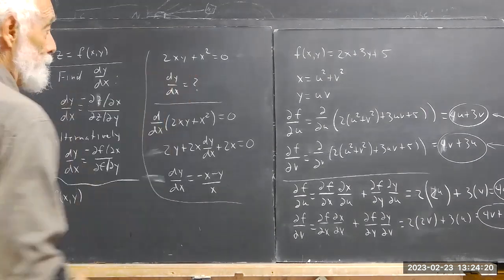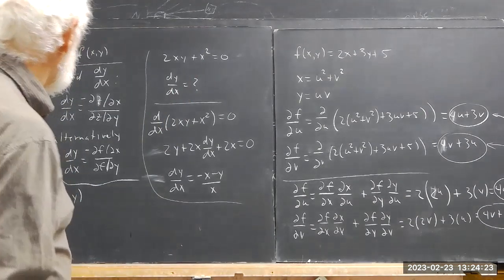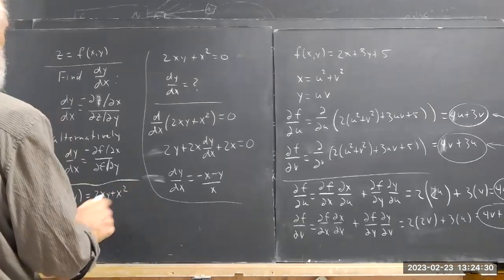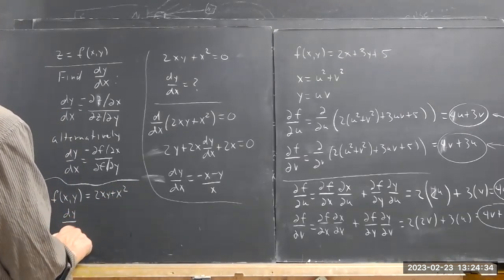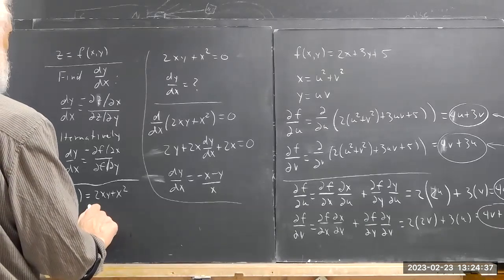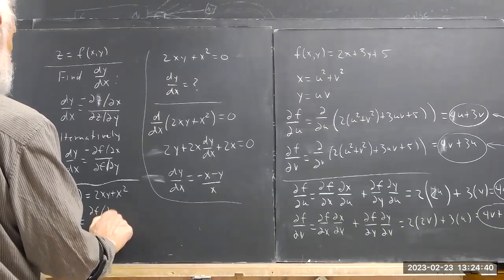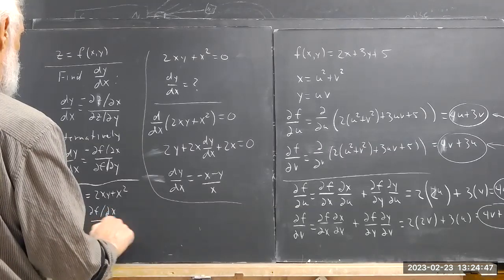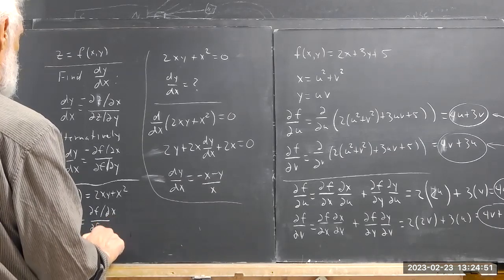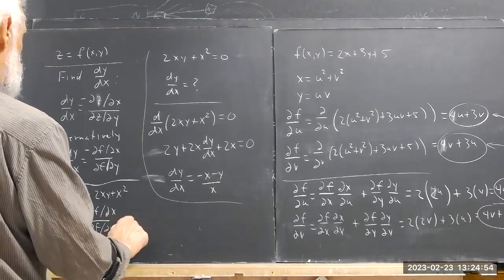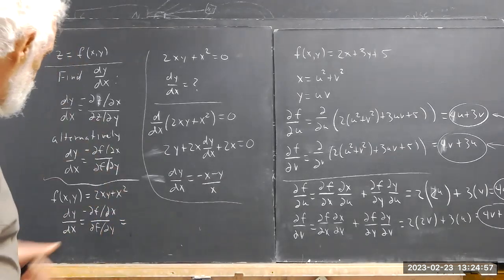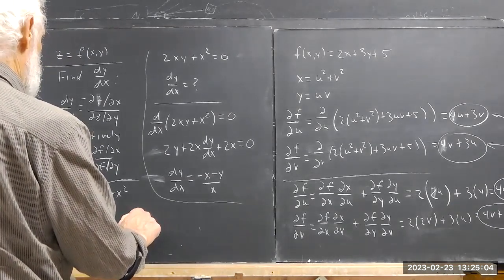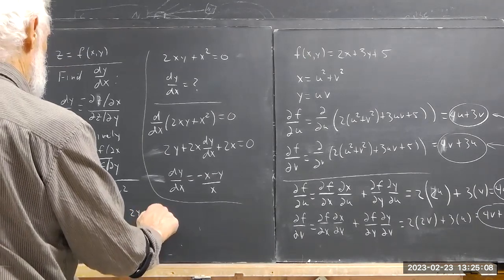Let's just use this. It works out. Partial with respect to x is 2y plus 2x.